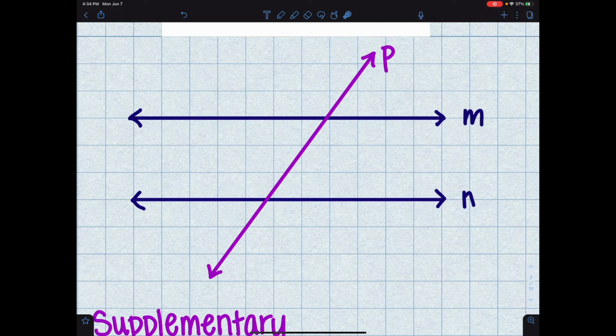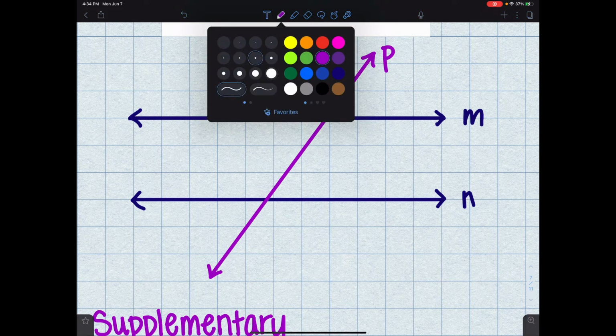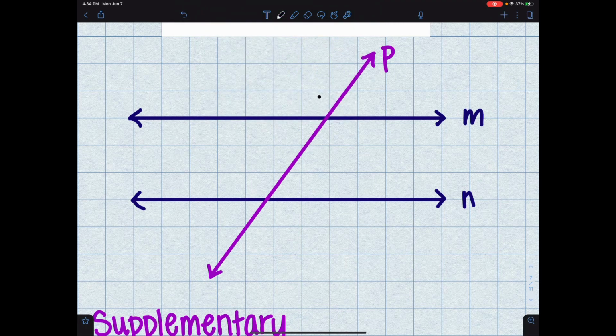And we're going to notice some things about them. I'm going to label them first. We're going to call this angle 1, angle 2, angle 3, angle 4, angle 5, angle 6, angle 7, angle 8. Okay? Alrighty.